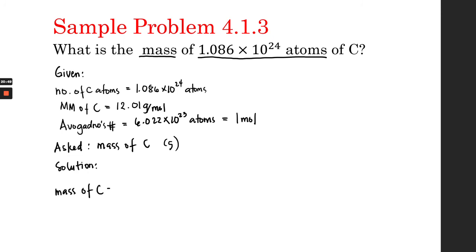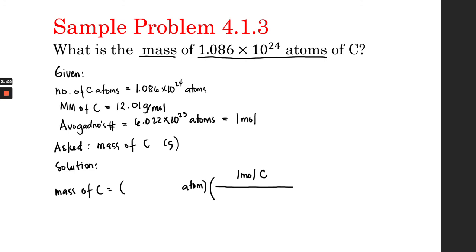Mass of carbon is equal to, I'm gonna take the Avogadro's number, 6.022 times 10 raised to 23 atoms, and I know that this is actually equal to 1 mole. So 1 mole of any element, in this case 1 mole of carbon is equal to, oh sorry, my mistake.